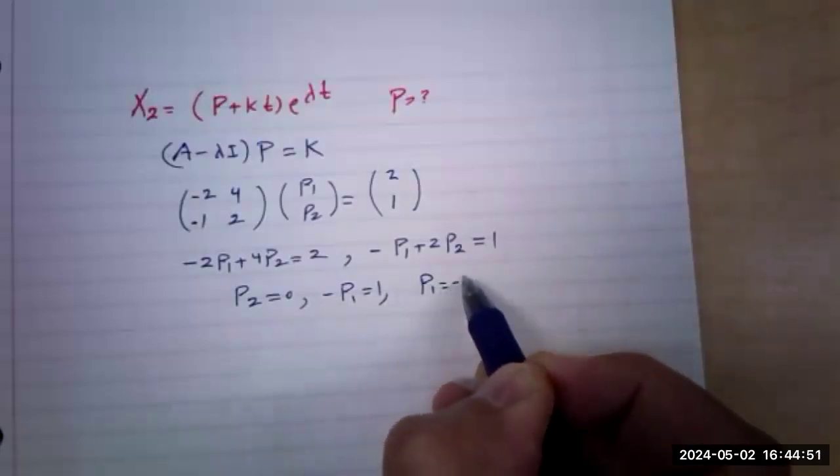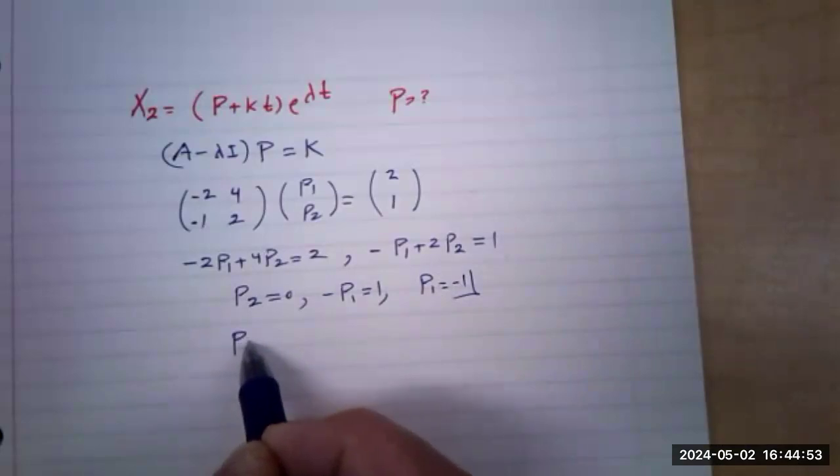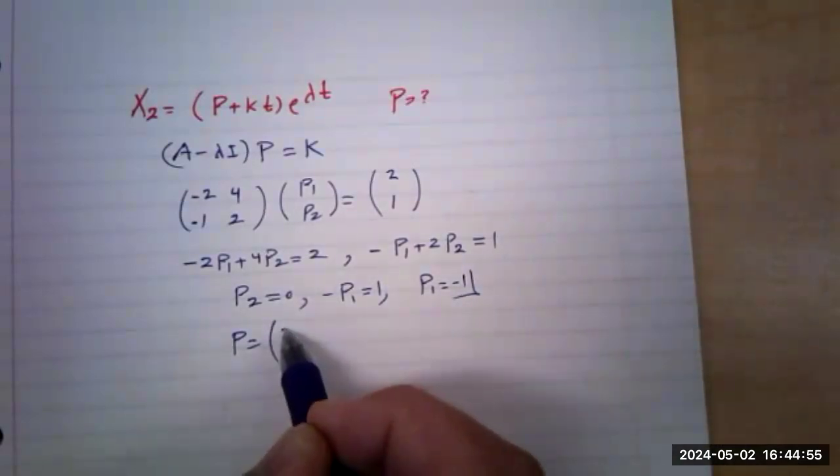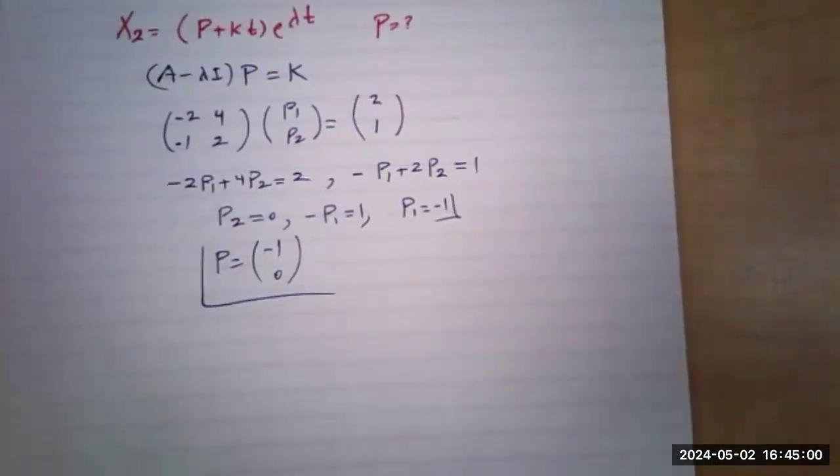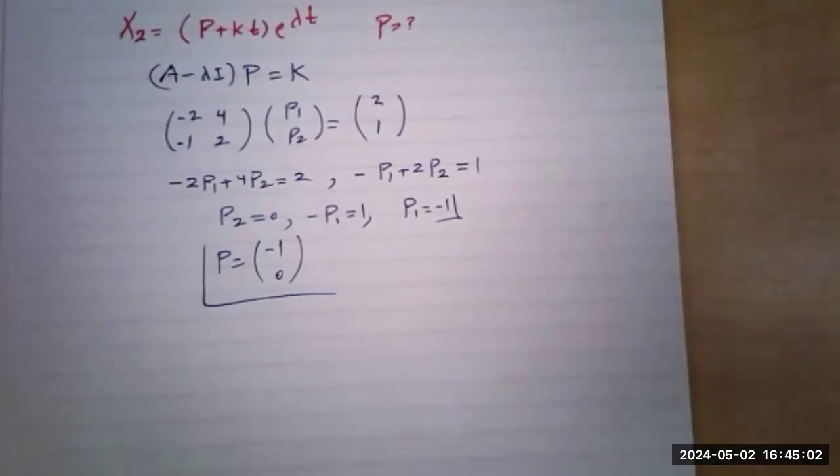So the P that I pick is (negative 1, 0). Okay, go back and write the second solution.